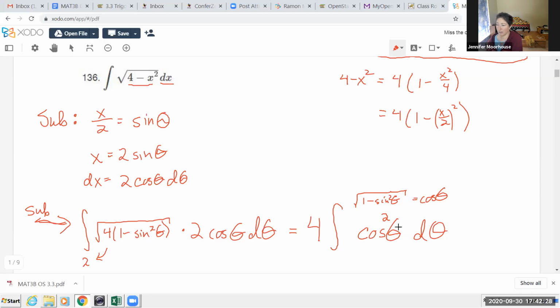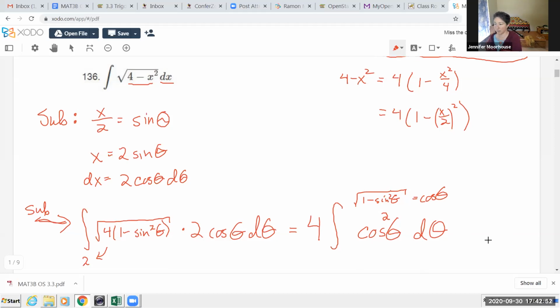Once we have that, this is just an integral involving a trigonometric function, which we just covered in section 3.2. We use the techniques that we know from section 3.2 to finish off the last step.